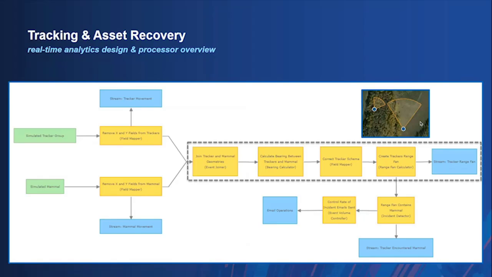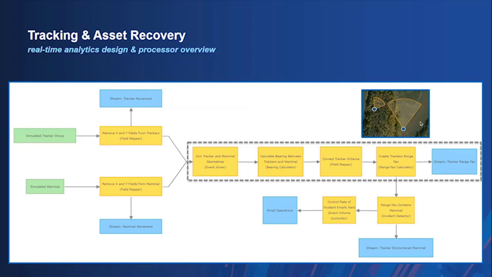And the reason we want to bring these records together with the joiner is so we have one event record, kind of a master definition, so to speak, that contains both geometries, both of all the trackers as well as the mammal. And with these dual geometries, we're able to then use those as inputs for the bearing calculator.